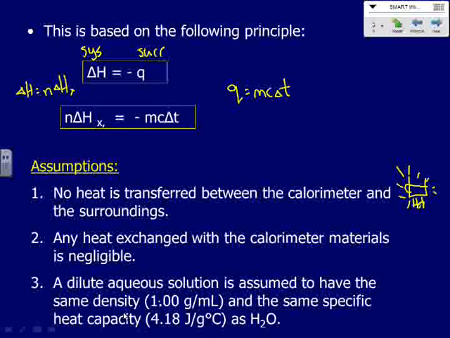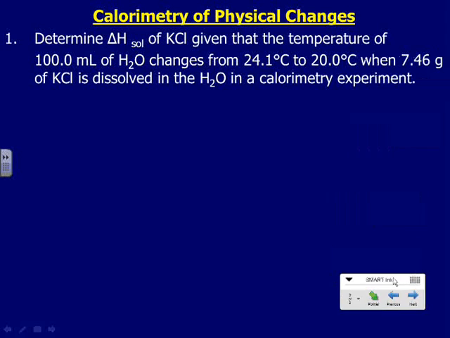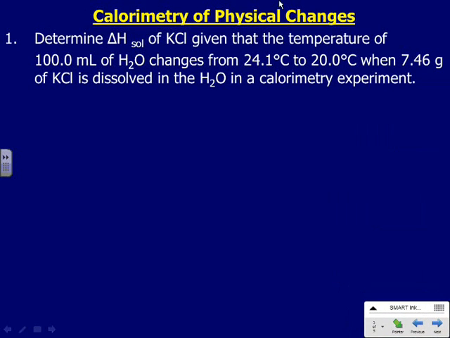They are places where our answer in a real situation will be different than our calculated answers because of these assumptions. Let's do some example problems. Okay, so this is for physical changes. So we're talking about dissolving, freezing, or melting, or boiling.